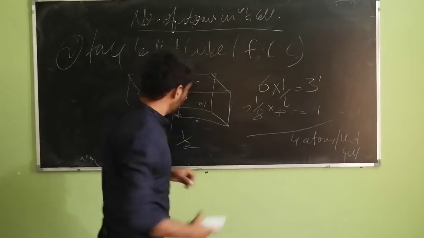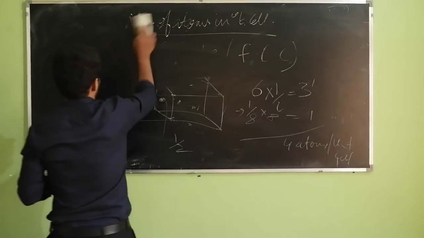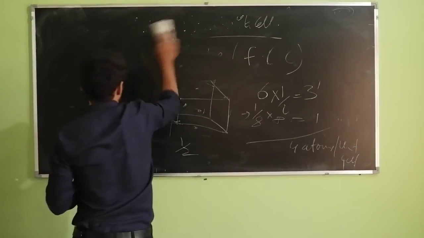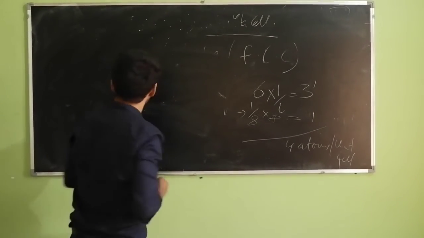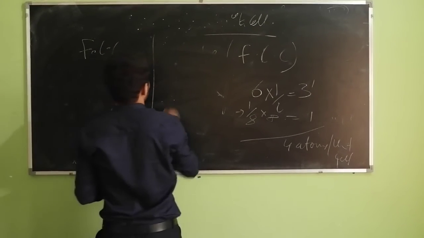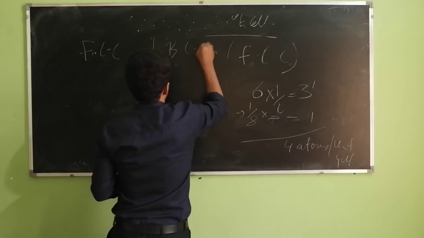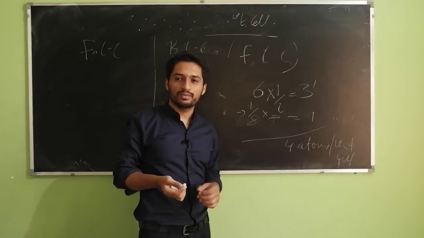Just before we end this part 1, I want you to see and appreciate the difference between FCC and BCC. Some people might ask why I didn't discuss the end-centered cube.